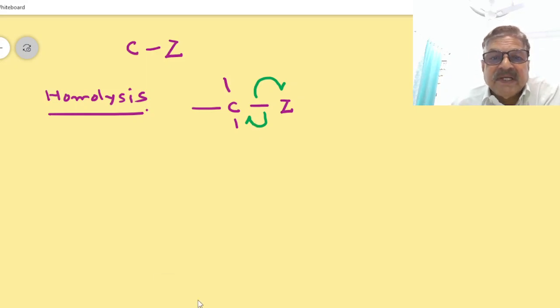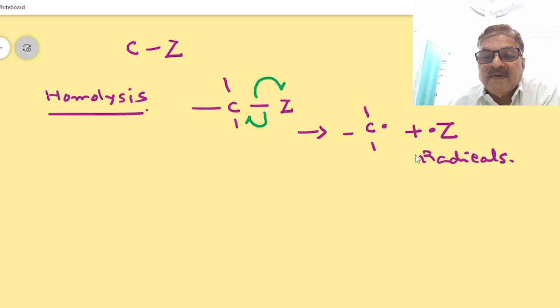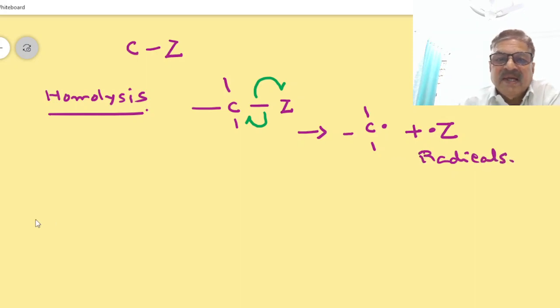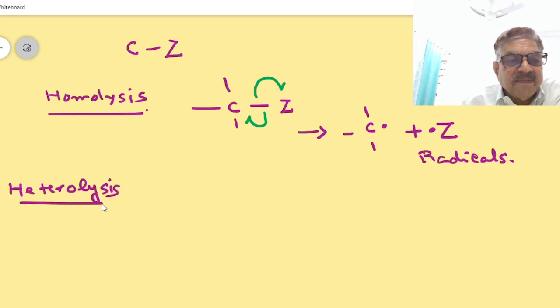This will generate the product intermediates. These are the radicals, or free radicals. Now, in the case of heterolysis, how will it be?